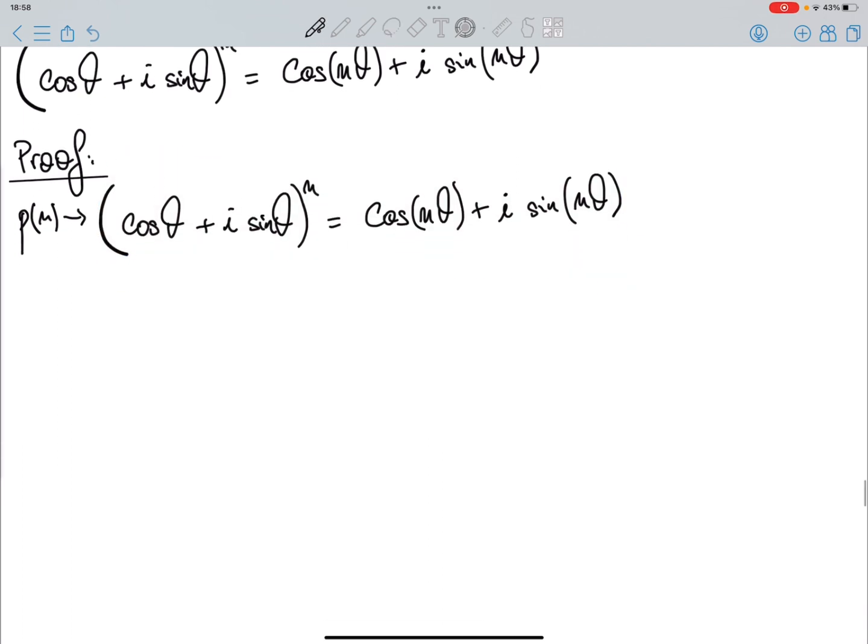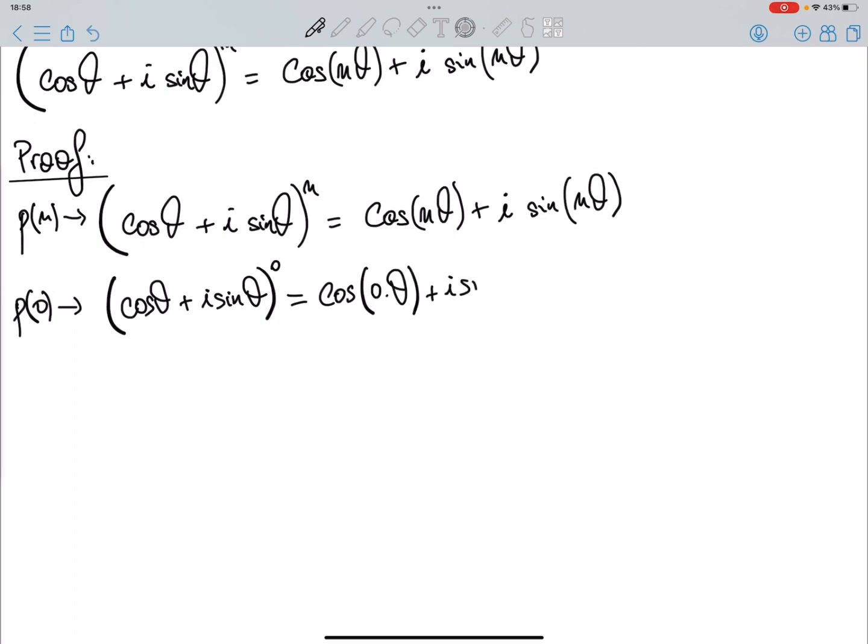First we're going to check whether this proposition holds for the base case. So let's see if P(0) is true. P(0) is going to be (cos θ + i sin θ)^0 equal to cos(0·θ) + i sin(0·θ), because we substitute 0 every time that we have n.